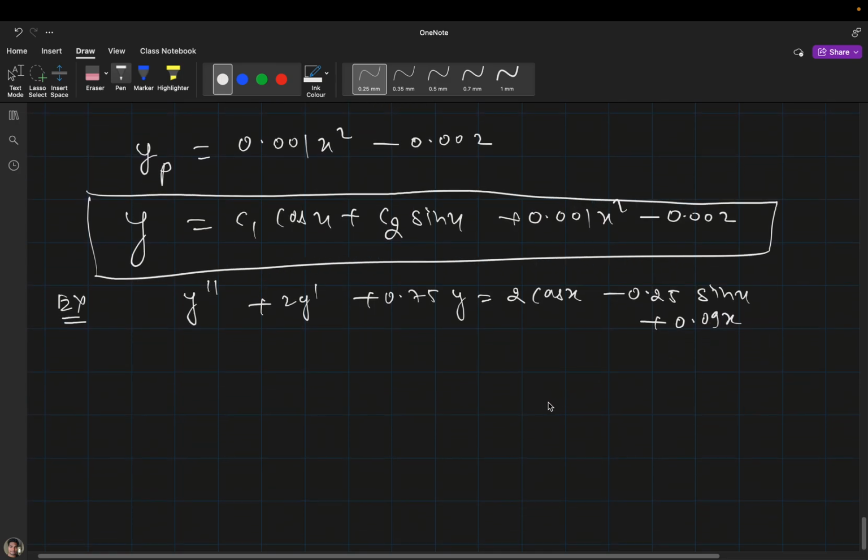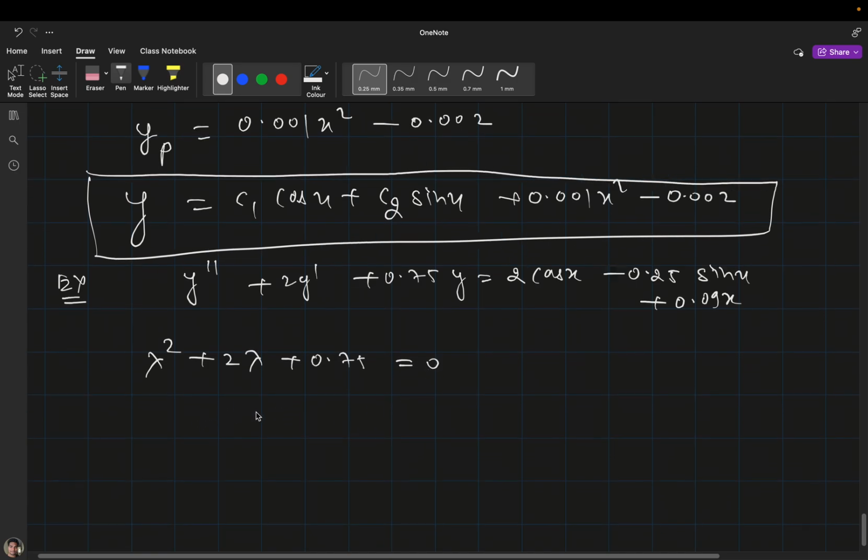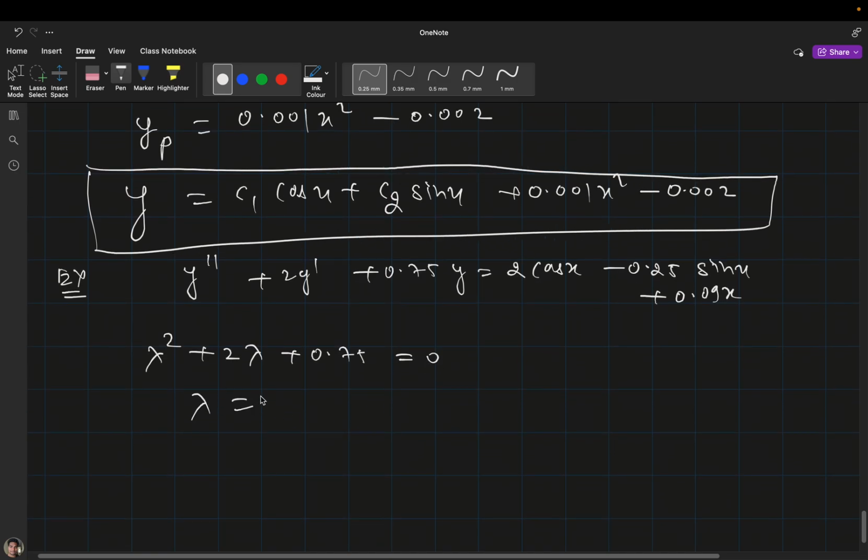Okay, so in this case, first I will write the characteristic equation, that will be lambda square plus 2 lambda plus 0.75 equal to 0. Okay, so when you find the roots of this characteristic equation, you will get lambda 1 equal to minus 1 by 2, and lambda 2 equal to minus 3 by 2. This is the straightforward solution.